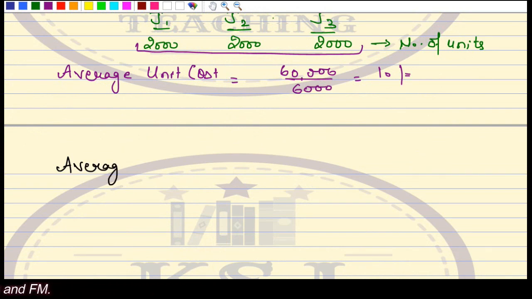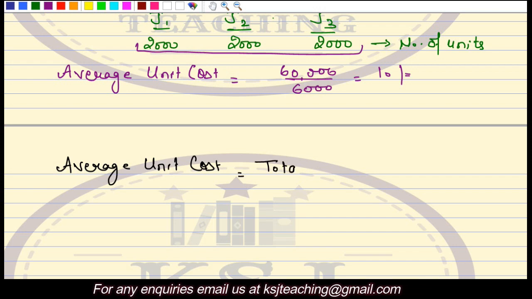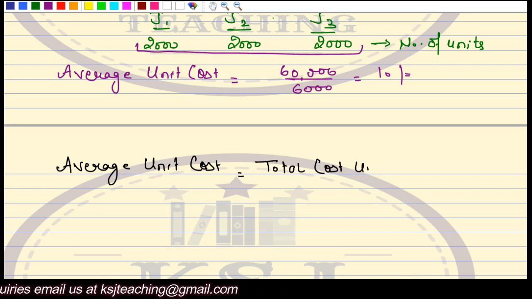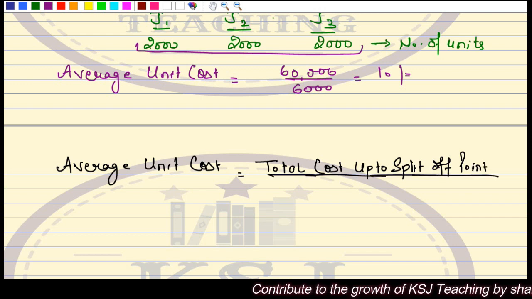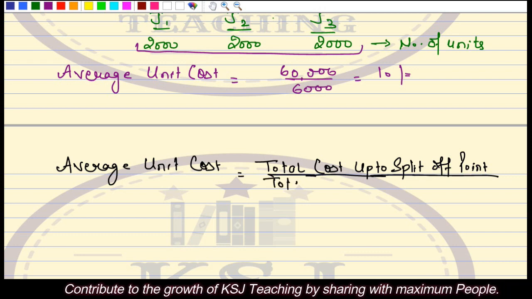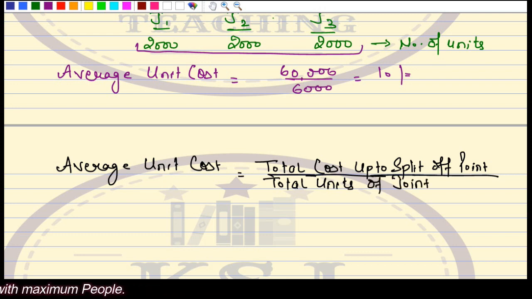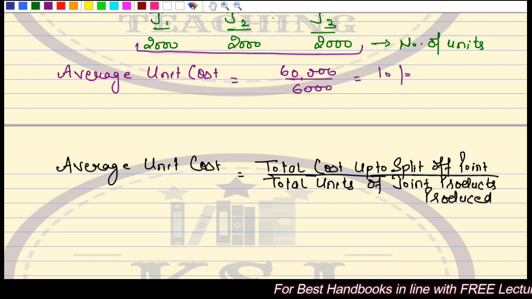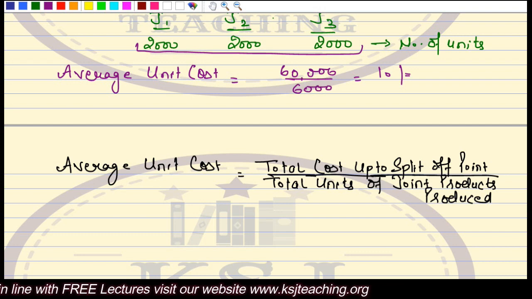Average unit cost is equal to total cost up to the split off point, or the separation point as we call it, divided by total units of joint products produced. See page 13.3, method number 6. We are skipping 5.1.